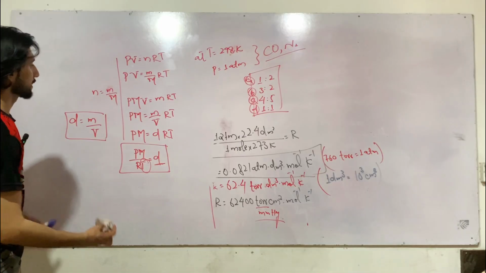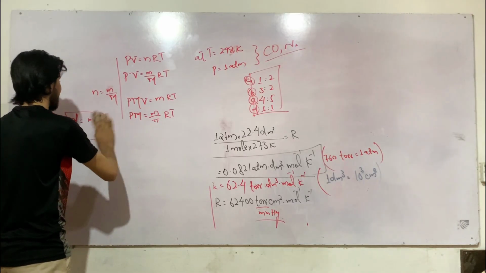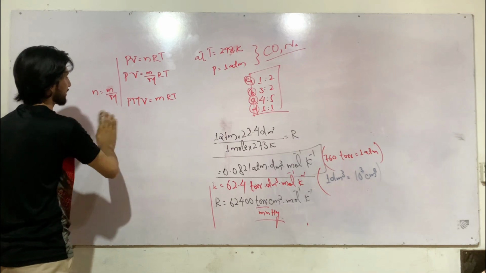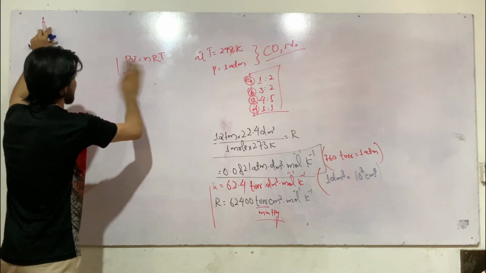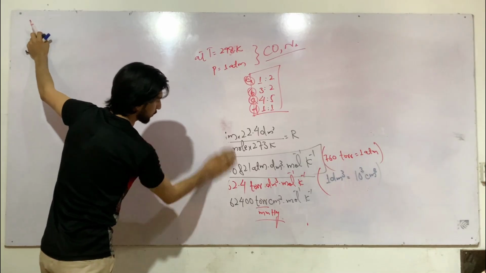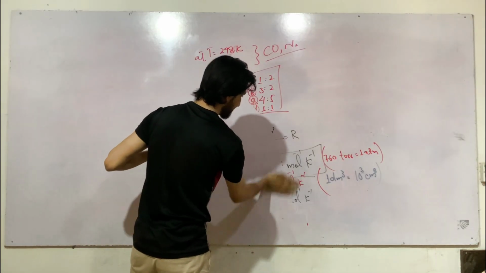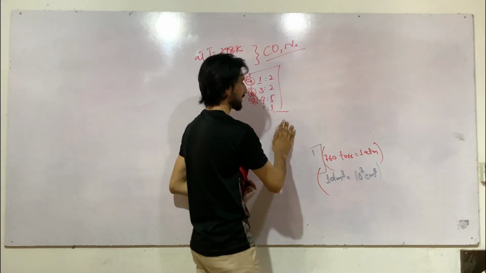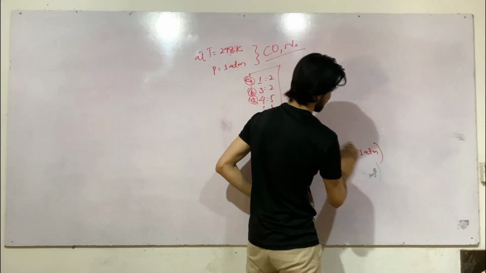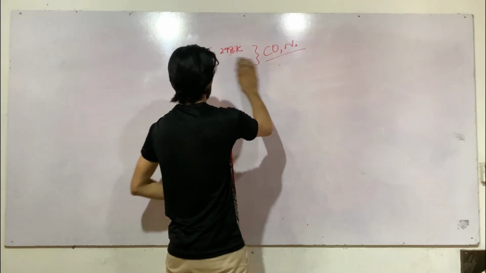Now let's come to the discussion of another theory of gas, that is called the kinetic molecular theory. The kinetic molecular theory was put forward by a scientist called Bernoulli, about whom it is said that the Bernoulli family had hundreds of Bernoullis, all geniuses.